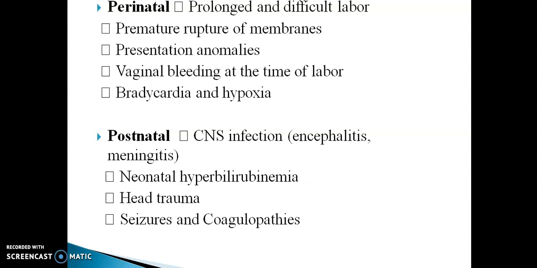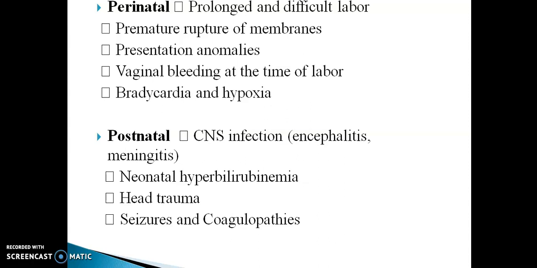Neonatal hyperbilirubinemia, otherwise called kernicterus, is due to an increased amount of bilirubin in the neonate. The neonate is the child in the first month, or 28 days of age. Postnatally, during this neonatal stage, if there is a head trauma, or the child has neonatal seizures, or coagulopathies, meaning clotting disorders.